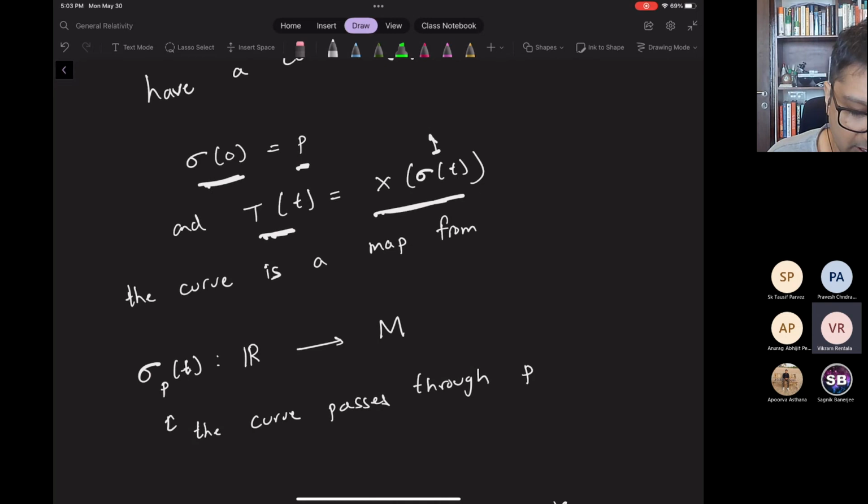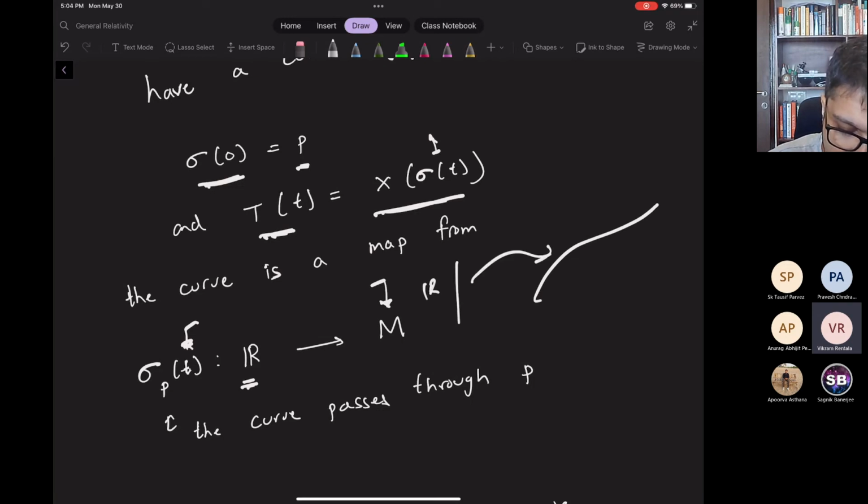Now this curve itself is a map from the real numbers, which are the values of t, to the manifold. That is, the curve is a map from real numbers, specified by t, to a curve on the manifold.